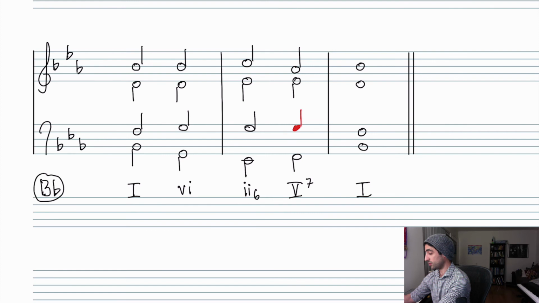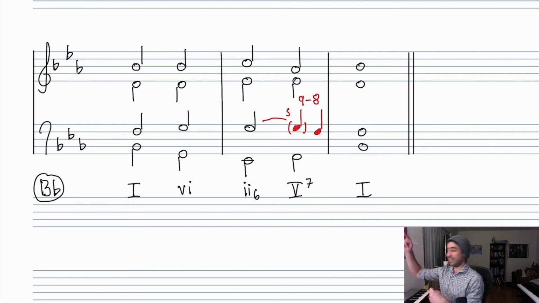Hold on to a note, this is going to be our suspension. And then I'm going to resolve that suspension. I'm going to tie it for dramatic purposes. And this is going to be, I'll write it here, a 9/8 suspension. Why? Because G is a ninth above F and it's resolving into an octave.